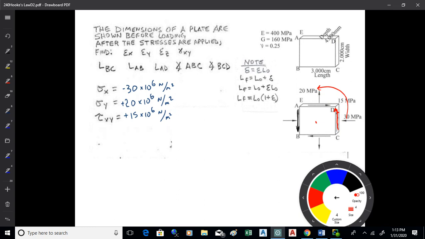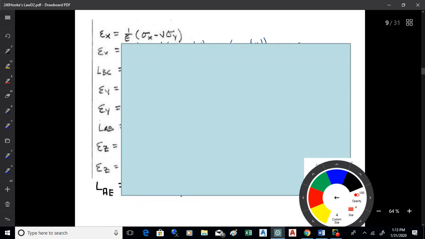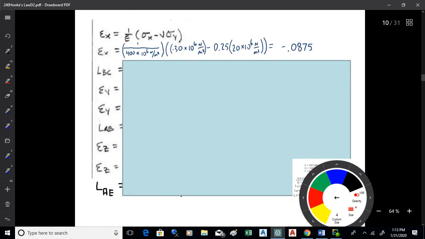So the modulus, we got all the moduli, that's the plural, and they're up here. We got these values, so we just plug the stuff in. All right, so epsilon x is 1 over E times sigma x minus nu sigma y. So that's going to be 1 over 400 times 10 to the 6th newtons per meter squared times the quantity negative 30 times 10 to the 6th.